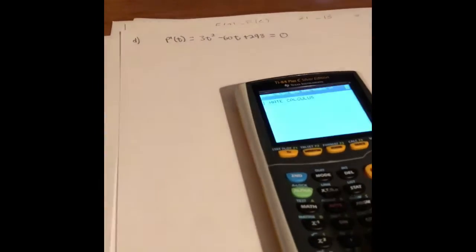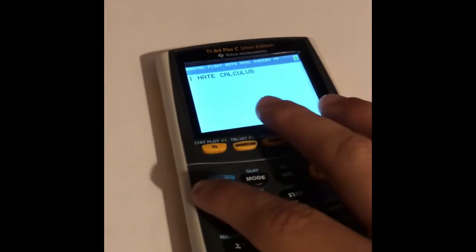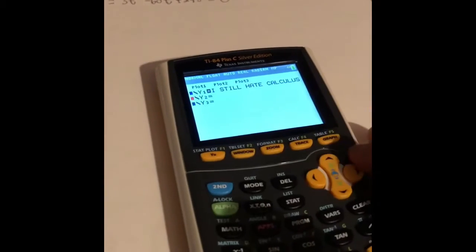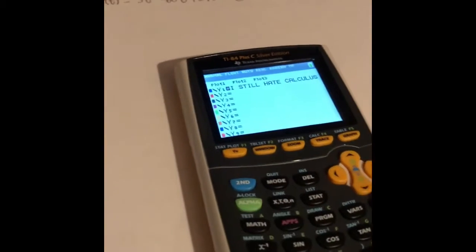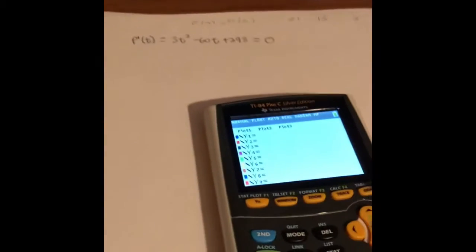And so, since this is a calculator problem, we're just about to do that. Oh, of course. And so now we're gonna plug in the derivative.